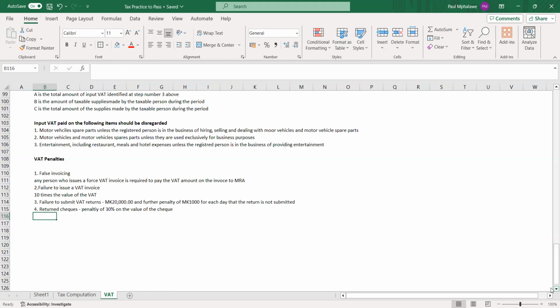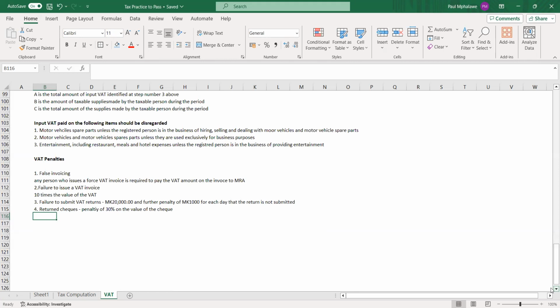Subsection 2 states that if the failure under subsection 1 is deliberate or reckless, the person shall be liable on conviction to a fine of 100,000 kwacha and imprisonment for 5 years. And for any other reasons, the person shall be liable to a fine of 20,000 kwacha and to imprisonment for 12 months.